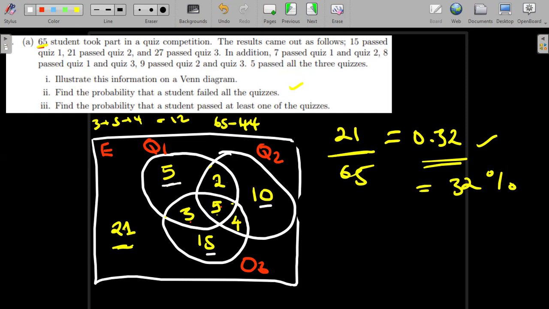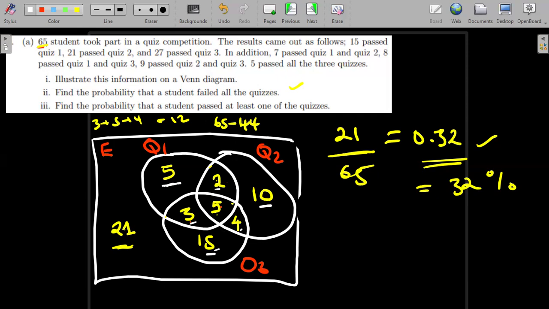So we have this one there. When we check here, what we have is 2, and then we have 3 there. We have 4, and then 5 there. So at least means they could have passed one or more quizzes.